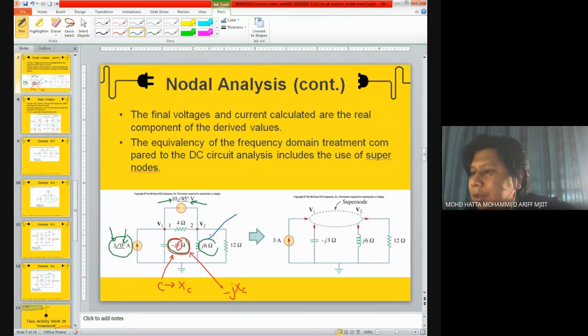Here we have j6, which is basically jXL. And if we notice in the circuit, we have a voltage source in between two nodes, which means we need to use the supernode strategy, or supernode analysis, to analyze this kind of circuit.